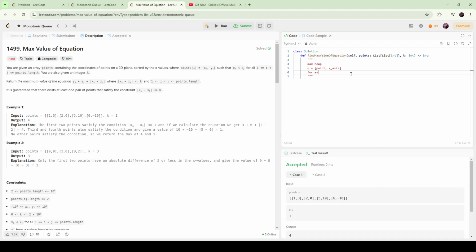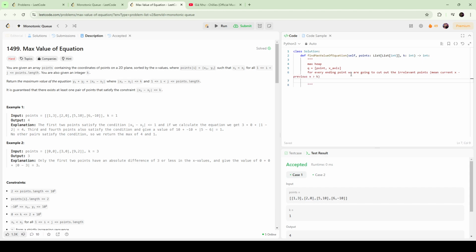So for every ending point, we cut out the irrelevant points, meaning the current x minus the previous x is larger than k.